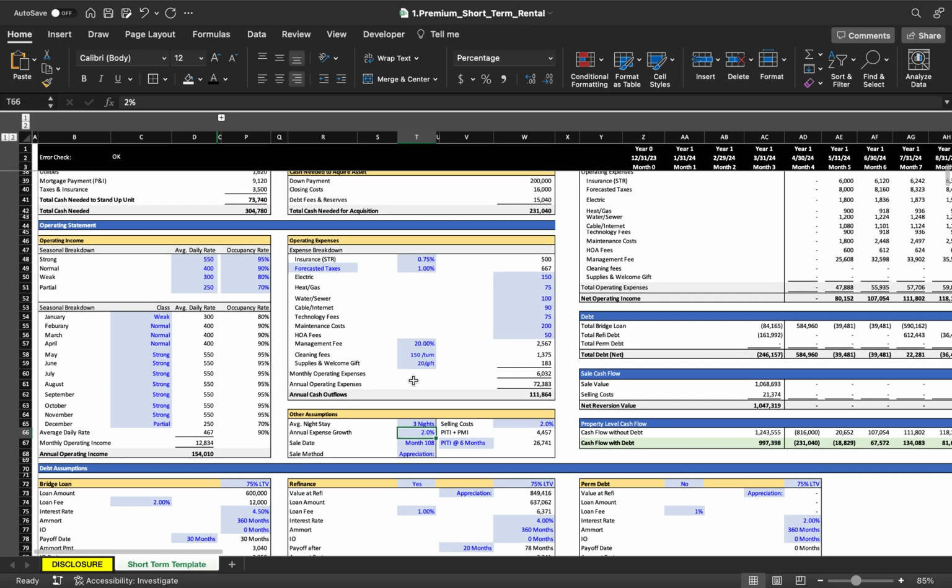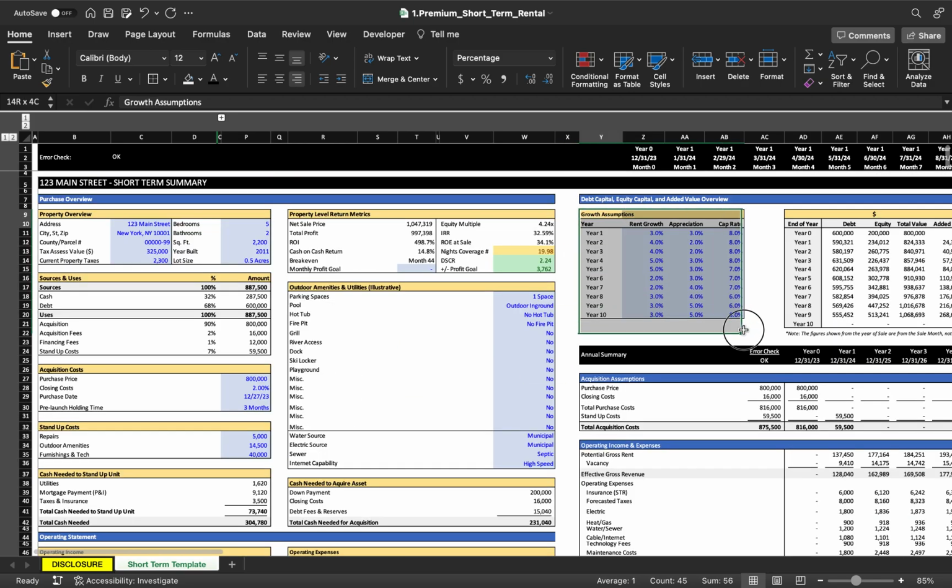So let's hop up here to the growth assumptions chart. This assumptions box is giving you 3 different assumptions. It shows rent growth annually, what the property is appreciating at on an annual basis, and then cap rate, which we'll get into in a moment. So for the rent growth, this is every year, what are those rents growing at? So you'll see we have 3%, 4%, 4%, 5%.